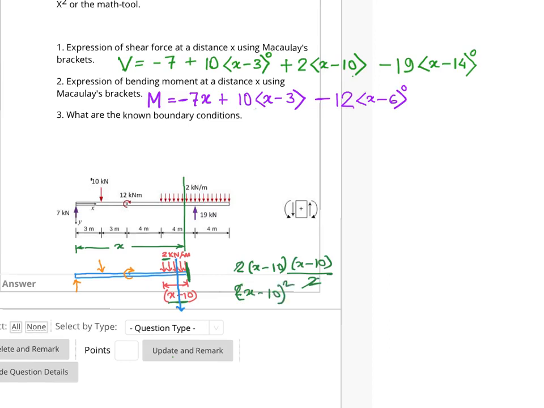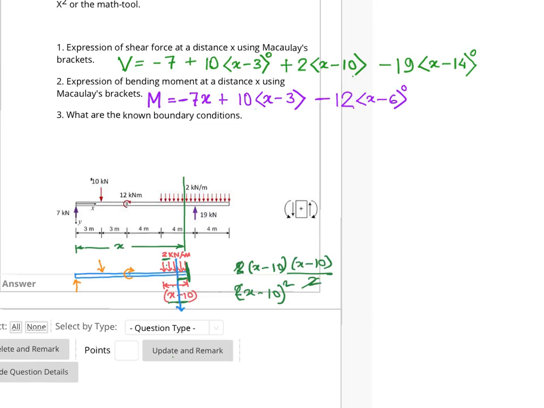How did you get that? 2 is the load intensity times x minus 10. That is the total load, and it is acting at a distance of x minus 10 over 2 from this cross section where you want to calculate the moment. So that is x minus 10 square, and of course it is going to create a hogging moment, so that is with a positive sign.